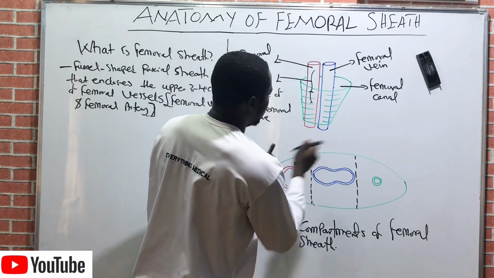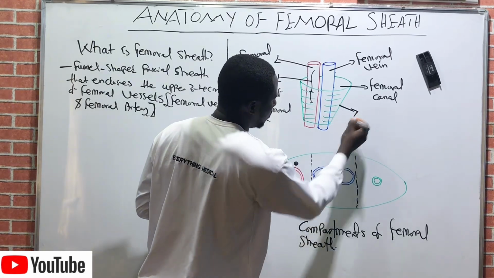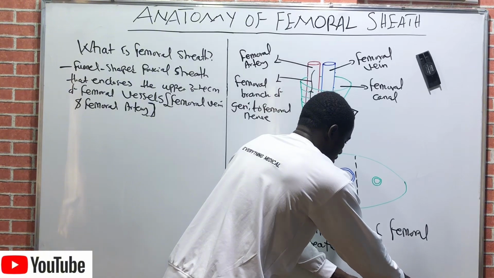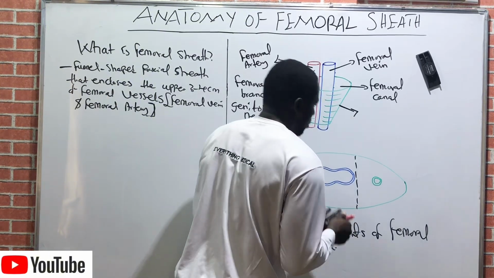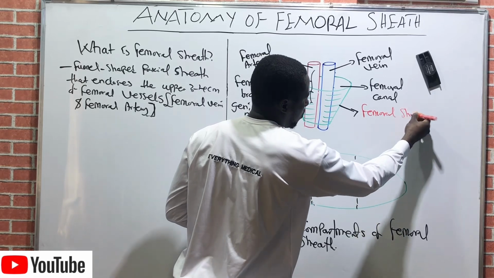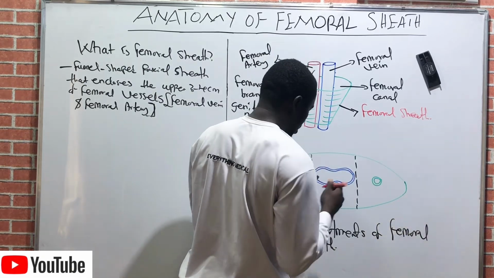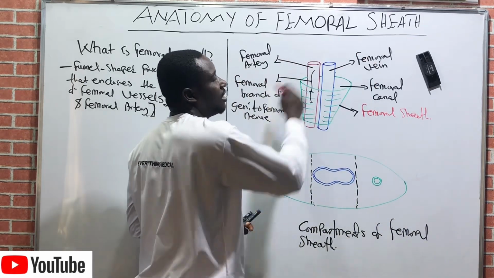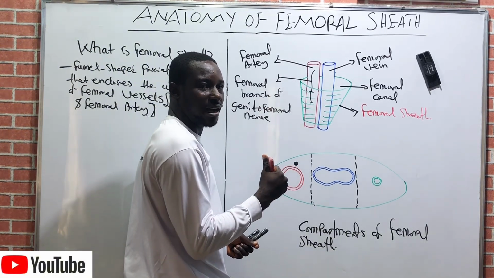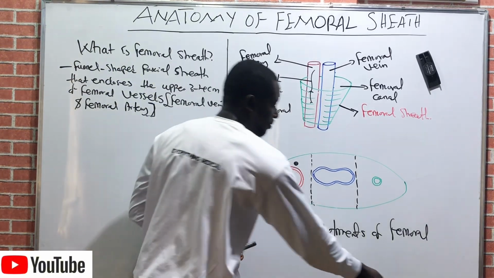So this is the femoral sheath itself. All these things are located inside the femoral triangle. Go to my previous video on the femoral triangle and take a good look at it.